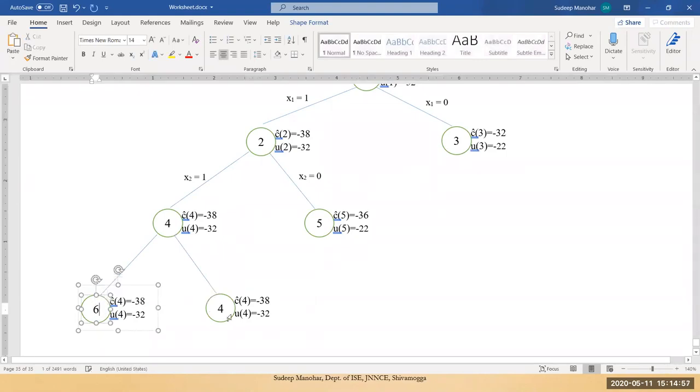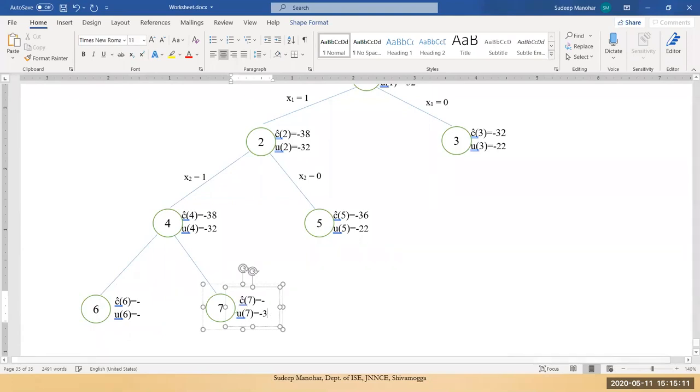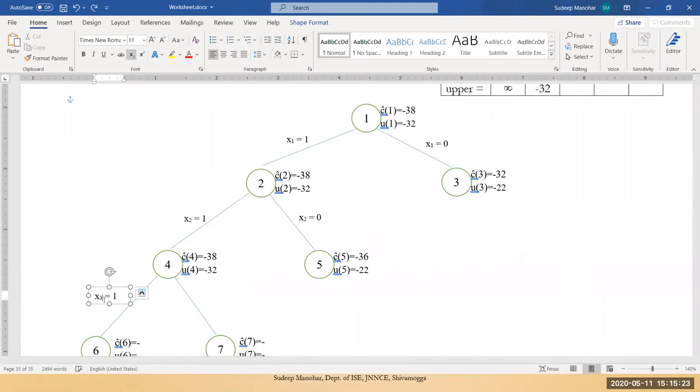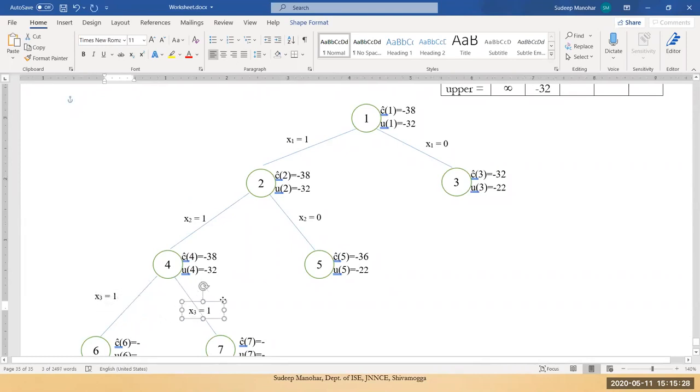This is 6 and this is 7. So C of 6, U of 6, this is C of 7 and this is U of 7. We have to calculate the values for this. Now this is the third level, and hence you are considering x3. The left branches including x3. The right branches excluding x3. It is 0.